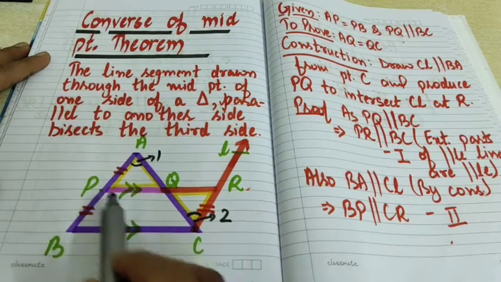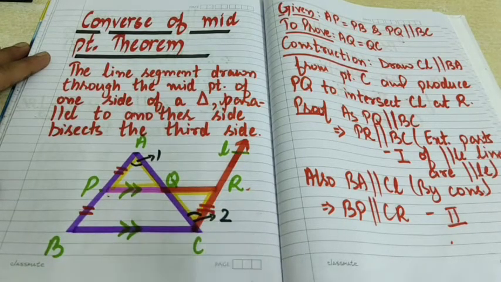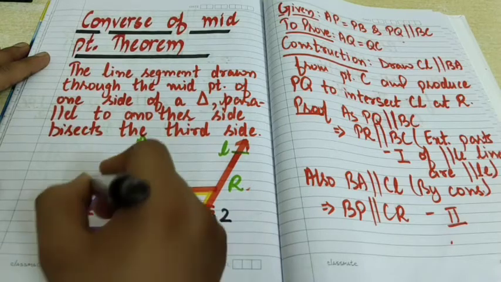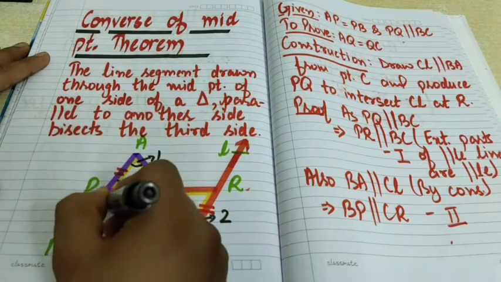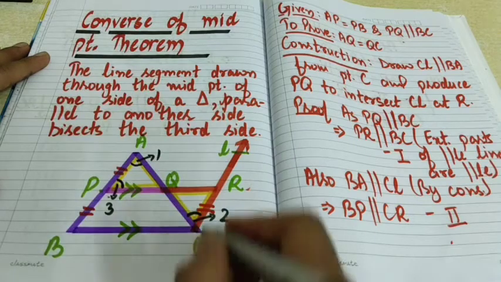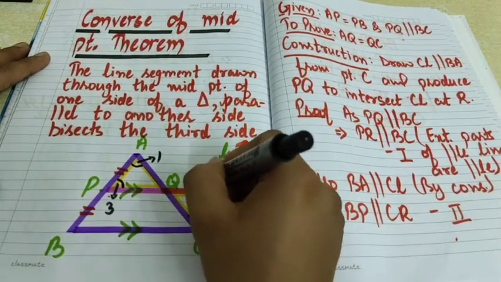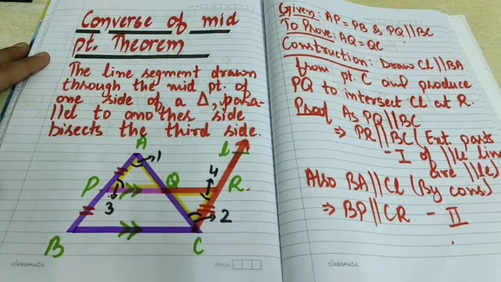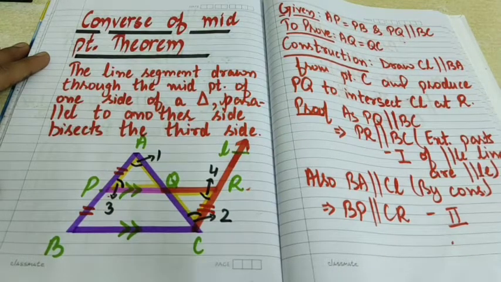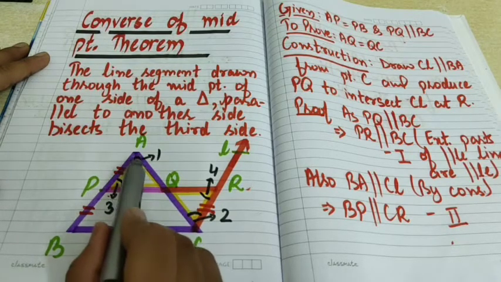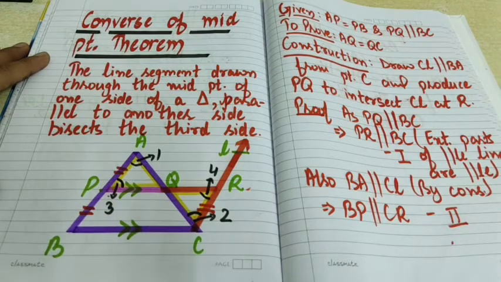AP is equal to CR, we have already proved, and the measure of angle 3 is equal to the measure of angle 4. Again they are alternate interior angles. So we can conclude that these two triangles are congruent by the ASA congruency criterion.